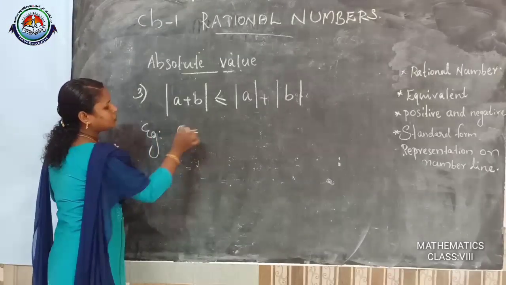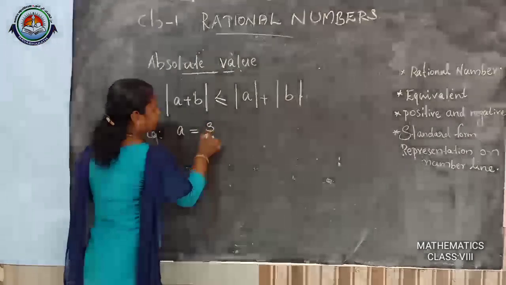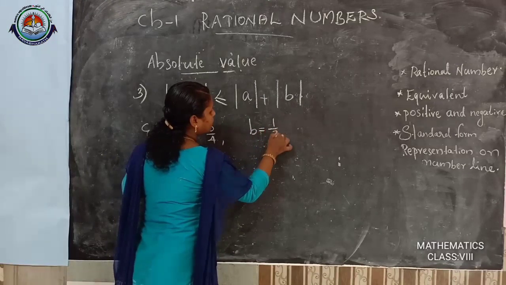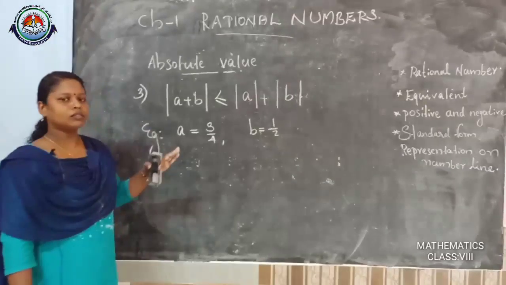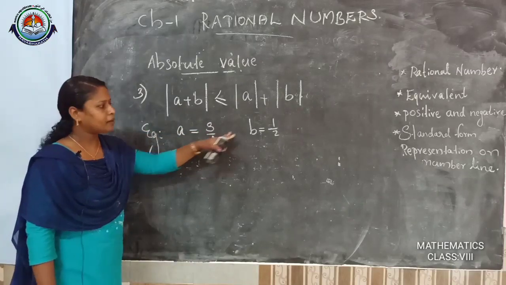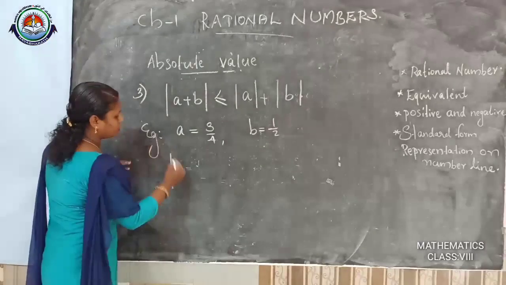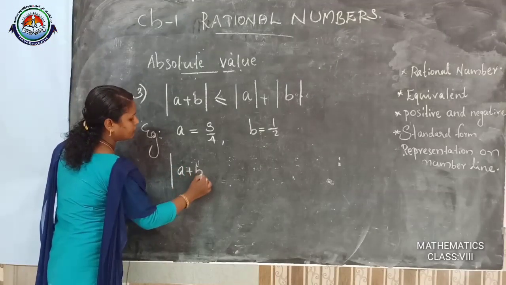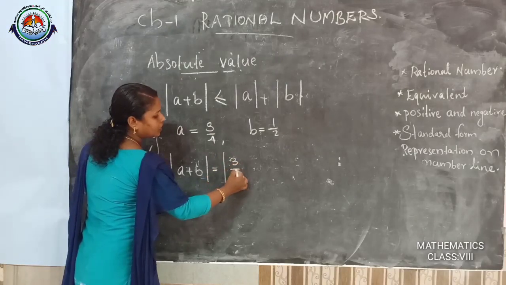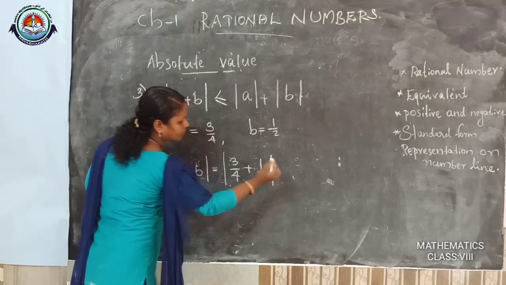A equal to 3 by 4 and B equal to 1 by 2. Here we have two rational numbers. One is A equal to 3 by 4 and B equal to 1 by 2. Then we are adding them. Absolute value of A plus B equal to absolute value of 3 by 4 plus 1 by 2.